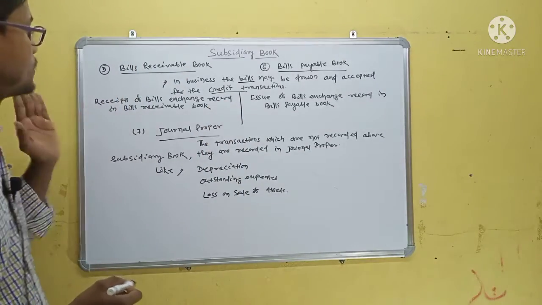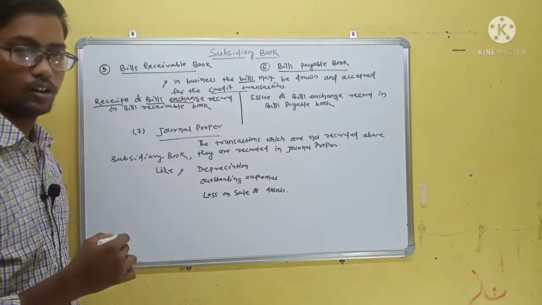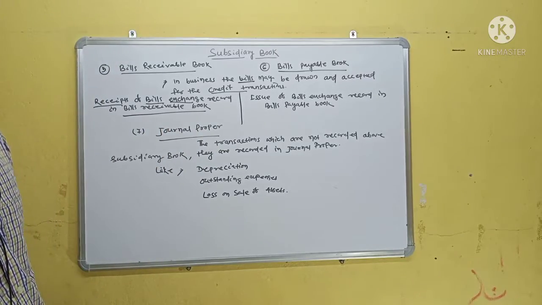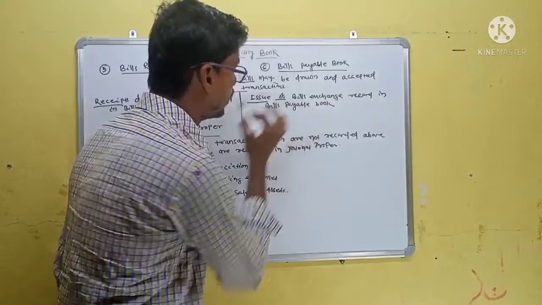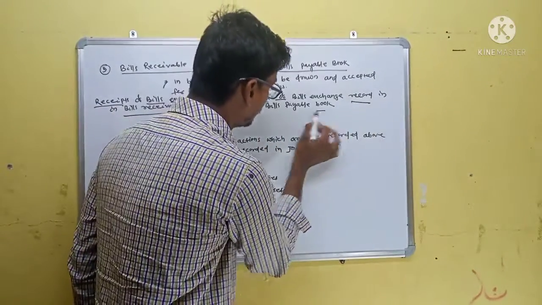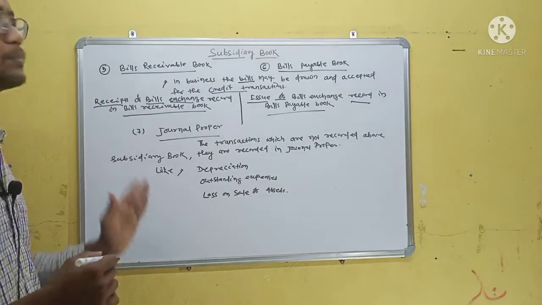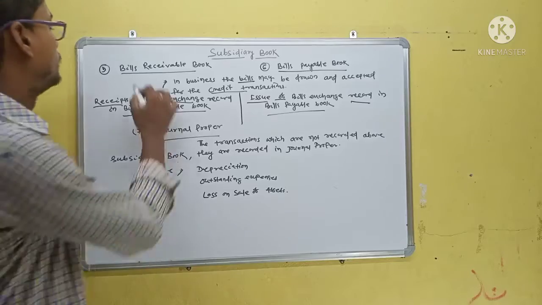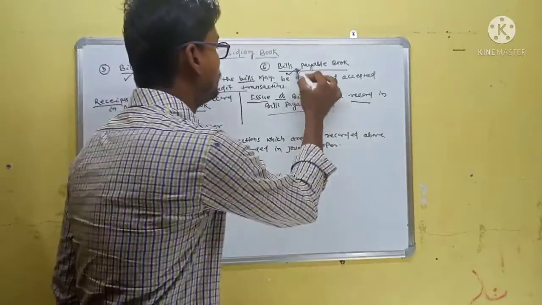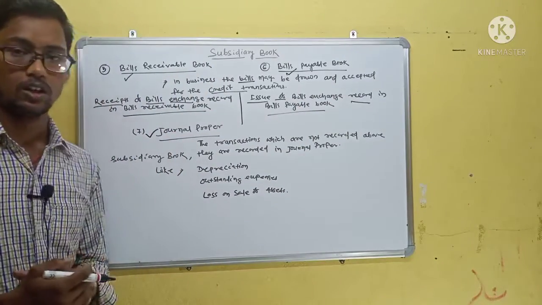Receipt of a bill of exchange is recorded in the bills receivable book, and issue of a bill of exchange is recorded in the bills payable book.